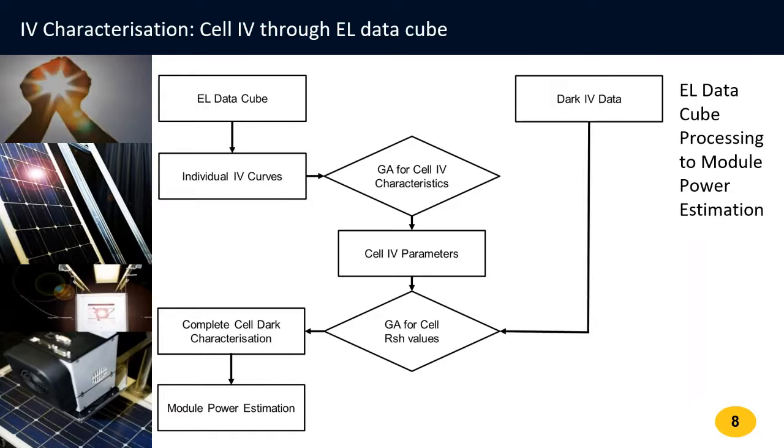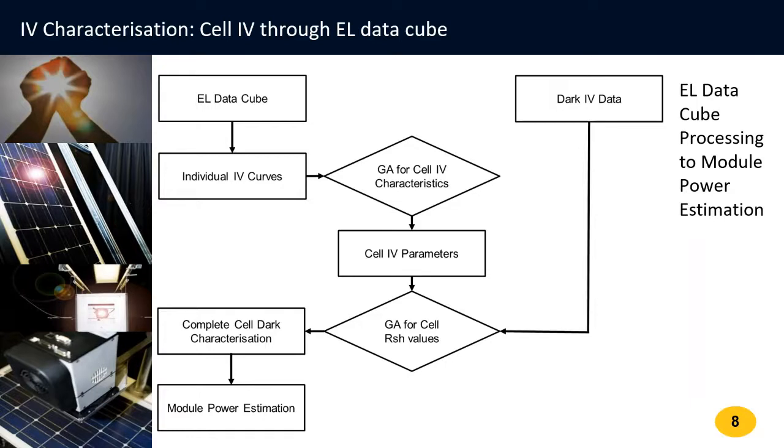Now, when you combine this with the parameter optimization or parameter extraction routine, you can then determine the different IV characteristics, such as your shunt resistance, your series resistance, saturation currents, etc. You can use almost any sort of parameter extraction routine. However, I made use of a genetic algorithm, and that was particularly because it's really good at finding solutions, at least what I've found and experienced with this sort of parameter extraction. So then you have a whole set of cell IV parameters.